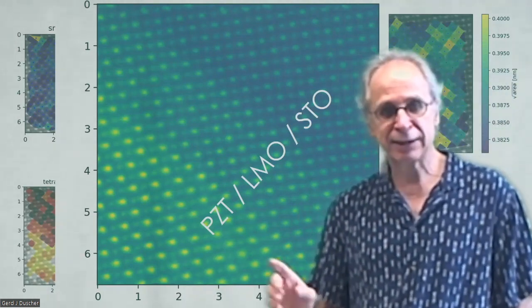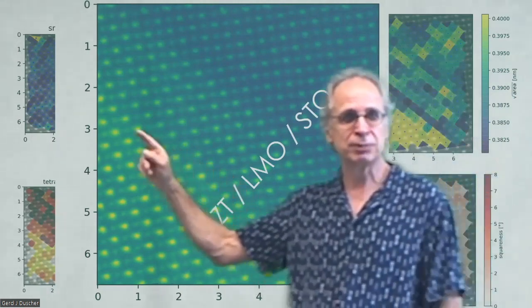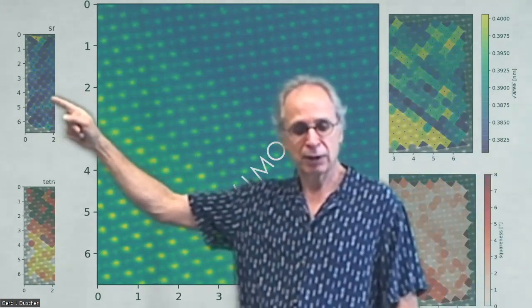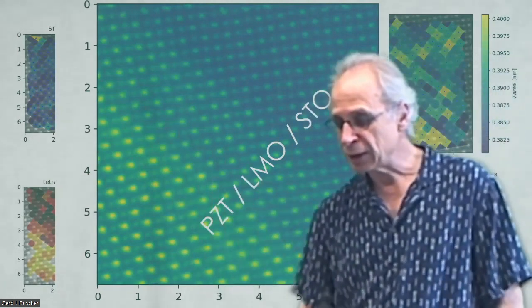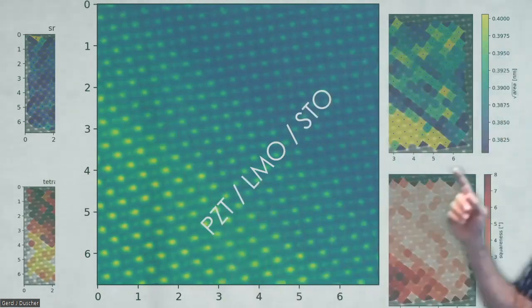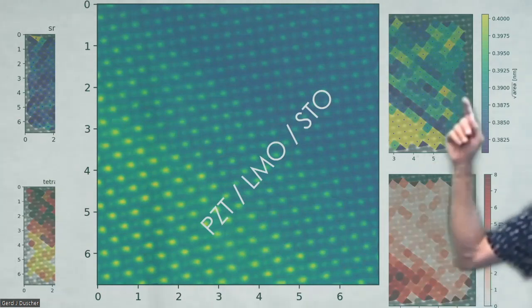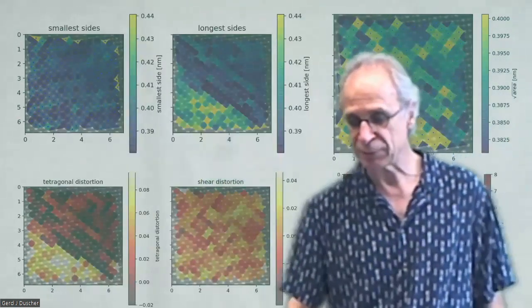And we did exactly the same thing, right? So we did tetragonal distortion, shear, and so on, squareness, area, and we can determine all of these different things here.